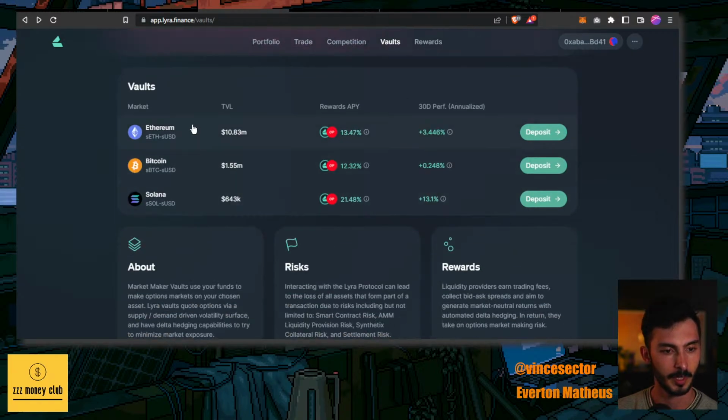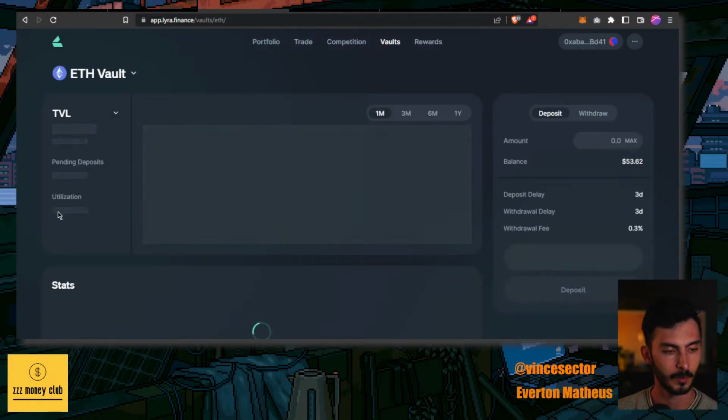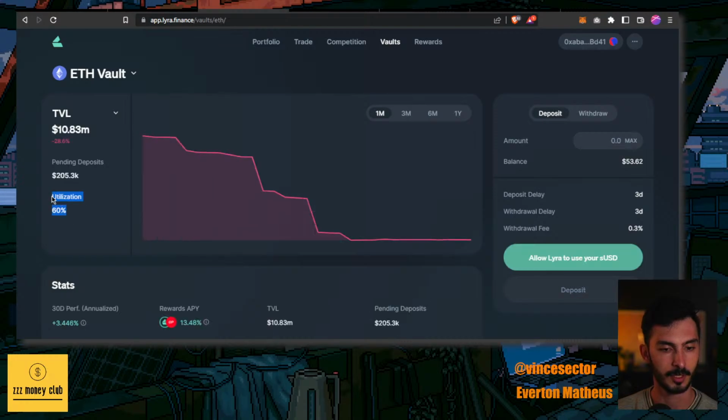If we go to Ethereum, let's see, you can see the actual utilization. If it reaches 60, then you have to kind of wait a little bit. And if it reaches 100, it means that all the liquidity is locked for this remaining week. So maybe I think it was Friday night, Thursday night, actually yesterday, Thursday.